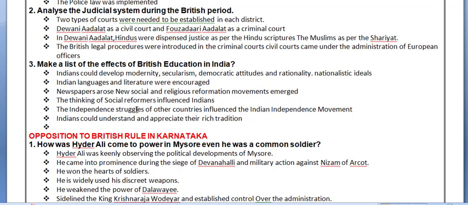Newspapers arose, and new social and religious reformation movements emerged. The thinking of social reformers influenced Indians. The independence struggles of other countries influenced the Indian independence movement. Indians could understand and appreciate their rich tradition.